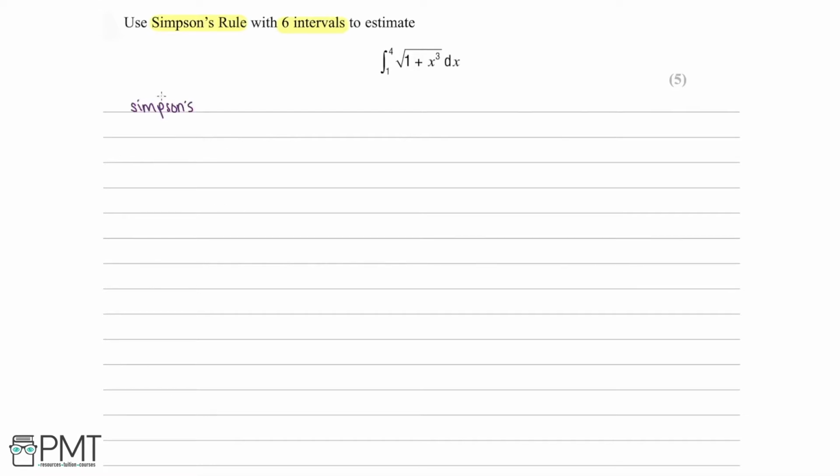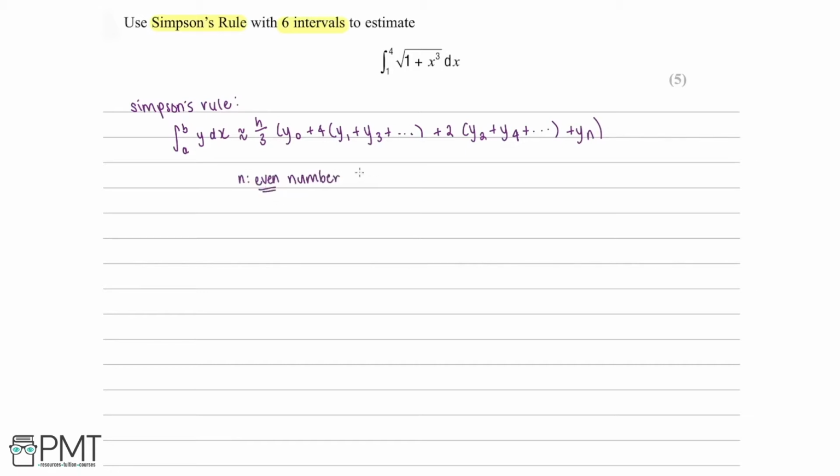The formula states that the area under a curve is approximately equal to h over 3 times y0 plus 4(y1 plus y3 plus y5, etc.) plus 2(y2 plus y4 plus y6, etc.) plus yn, where n is an even number of strips or intervals, and where h is equal to (b minus a) over n, which is the width of each strip.